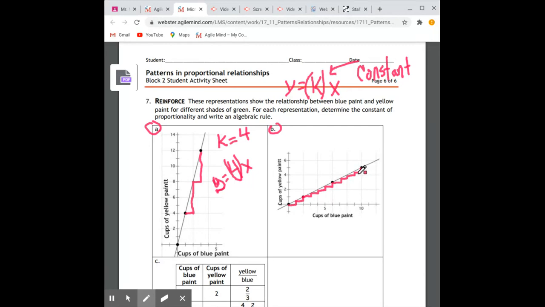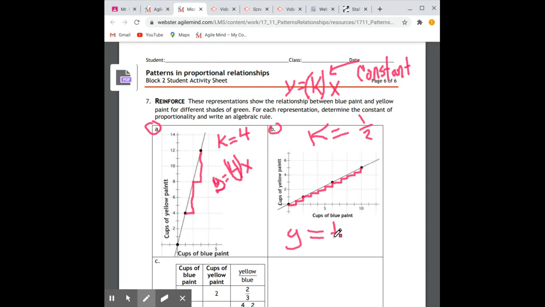All right. So if my constant's 1 half, what equation or what algebraic rule would I write? What would y have to be equal to? What are we multiplying by each time? 0.5 or 1 half.